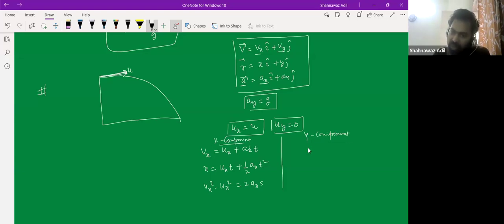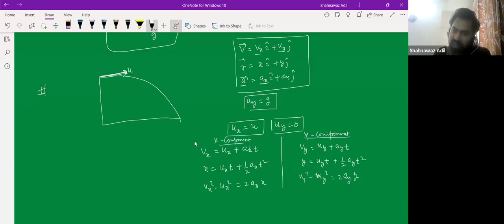The y component part is what? Vy equals uy plus ayt, and y equals uyt plus half ayt square, and vy square minus uy square equals 2ay, and this is not s, but this is x, and this is y.